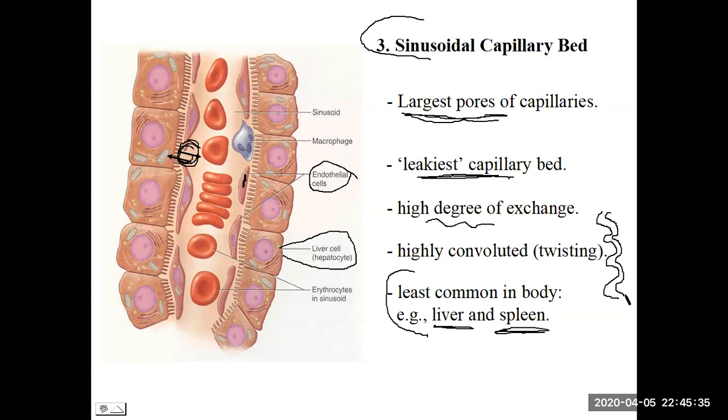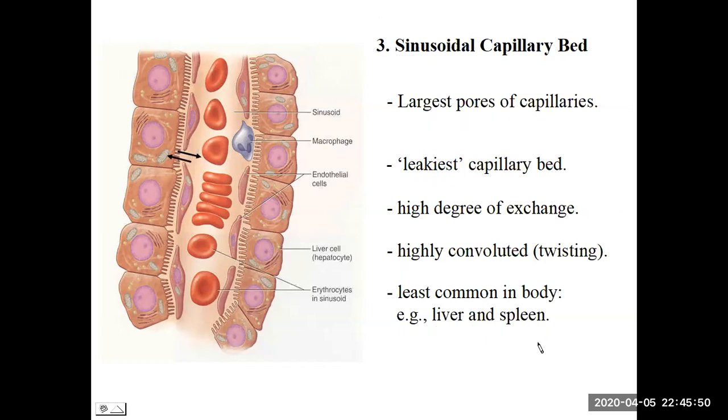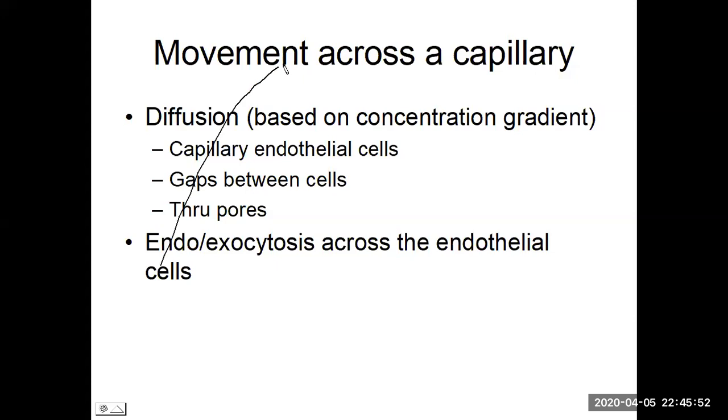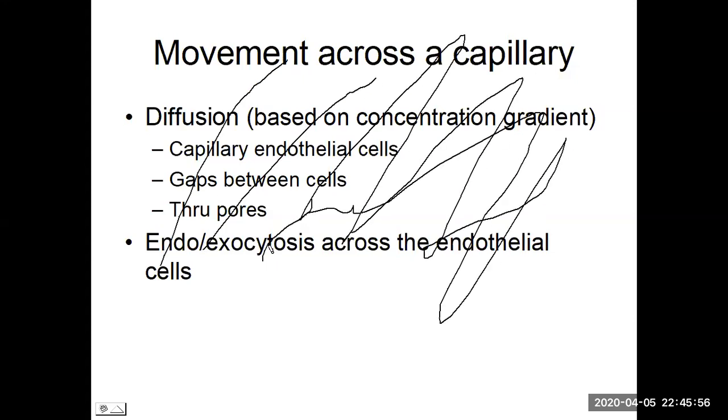And we'll actually see this histology a little later in the course. So these twisted, coiled, with very large pores. But again, this is the rare type of capillary. So this section here, we'll just go ahead and omit. We'll leave that till physiology.